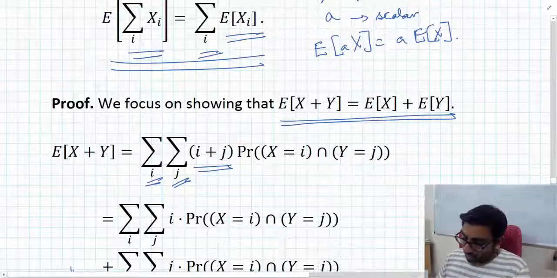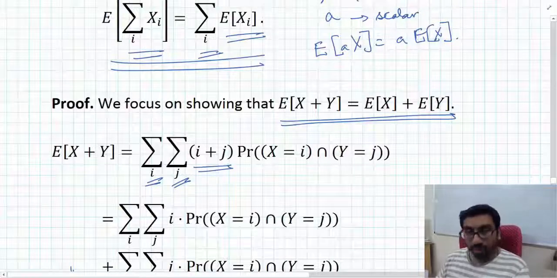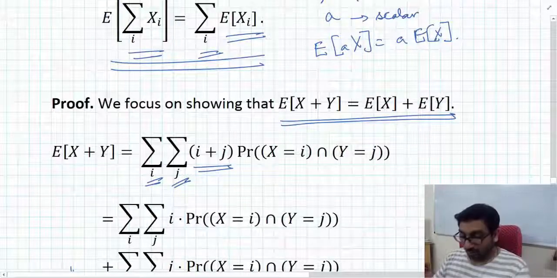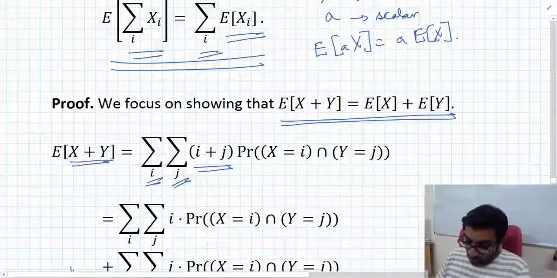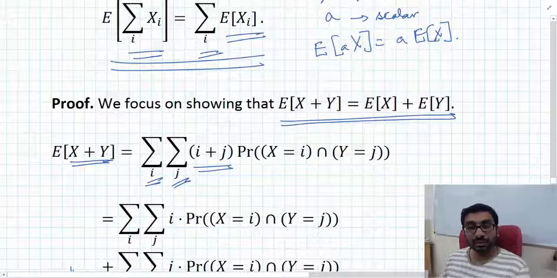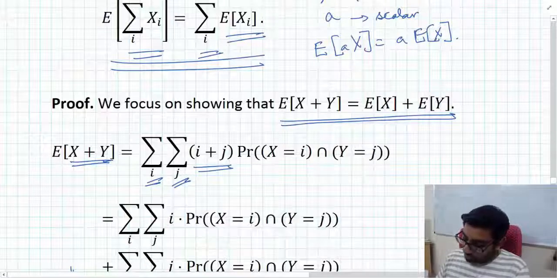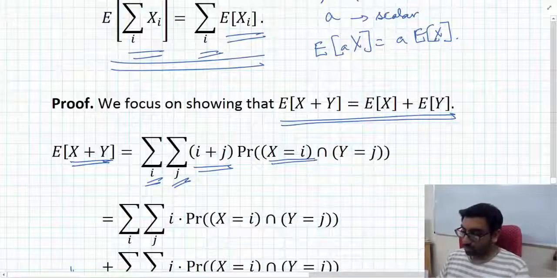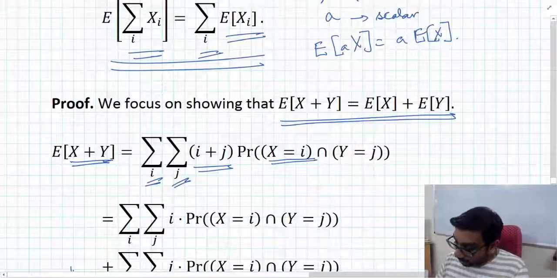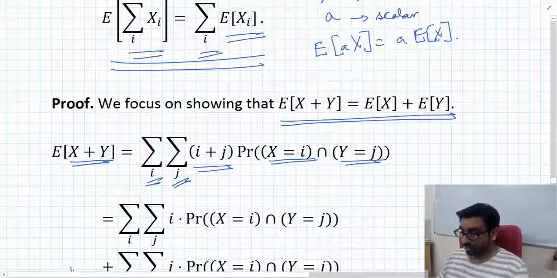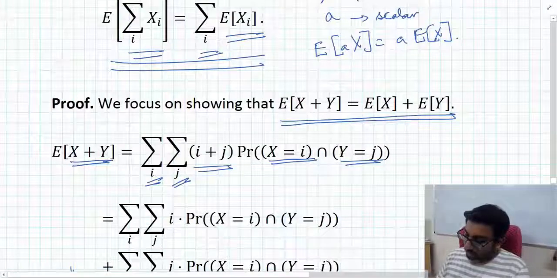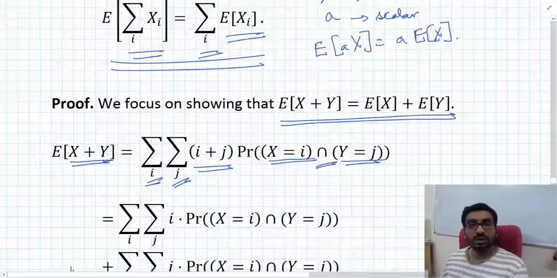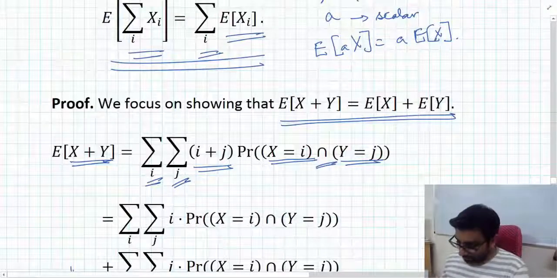And for each of these i plus j values, what is the probability that the random variable X plus Y will actually take the value i plus j? Well, it's the probability that X individually takes i and Y individually takes j. These are two events, and when we want both of these events to occur, then we'll have to take the intersection of these two events.